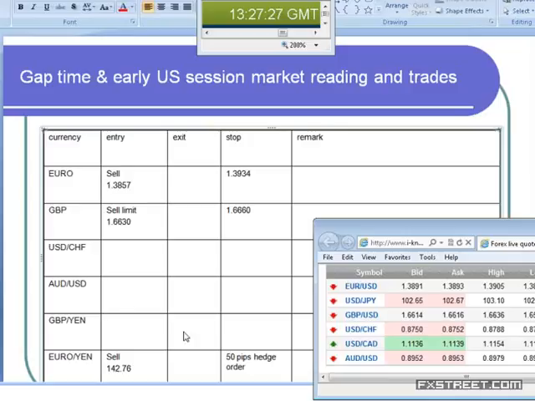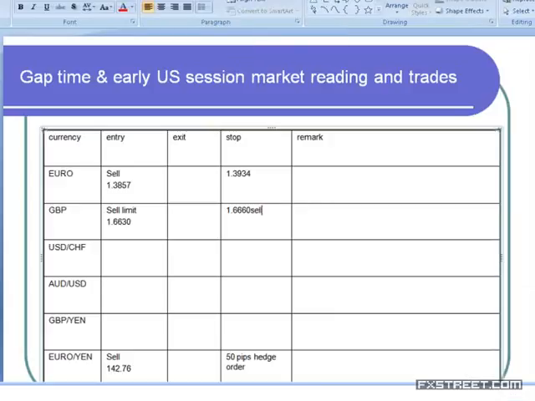Then in the case of Aussie, similar to that, 89.79 is the high, so we'll keep the sell limit. Aussie 0.89.